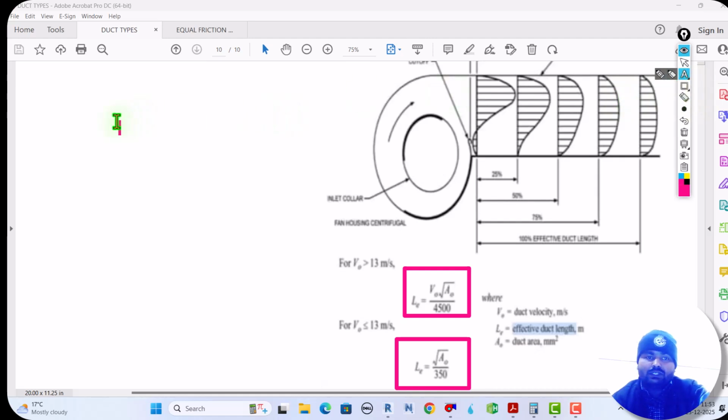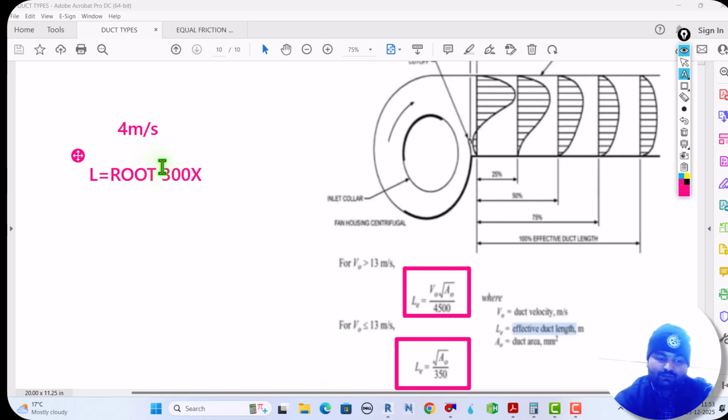Okay, so our velocity, we know that 4 meters per second, right? 4 meters per second. So L, the effective duct length, is equal to under root, right? Root area, the main duct area is 300 into 200, okay, by 350.